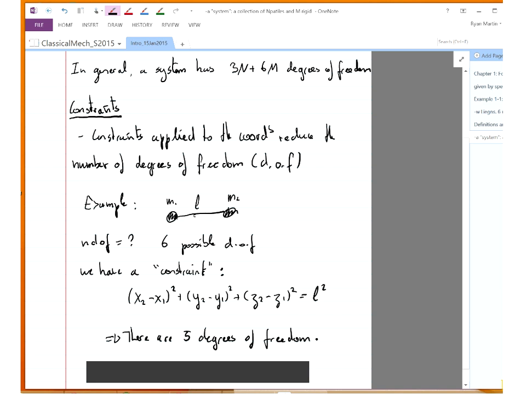Okay, so to find the number of degrees of freedom, you start with the maximum, so 3n (for n particles), and then for each constraint equation, you reduce the number of degrees of freedom by 1.